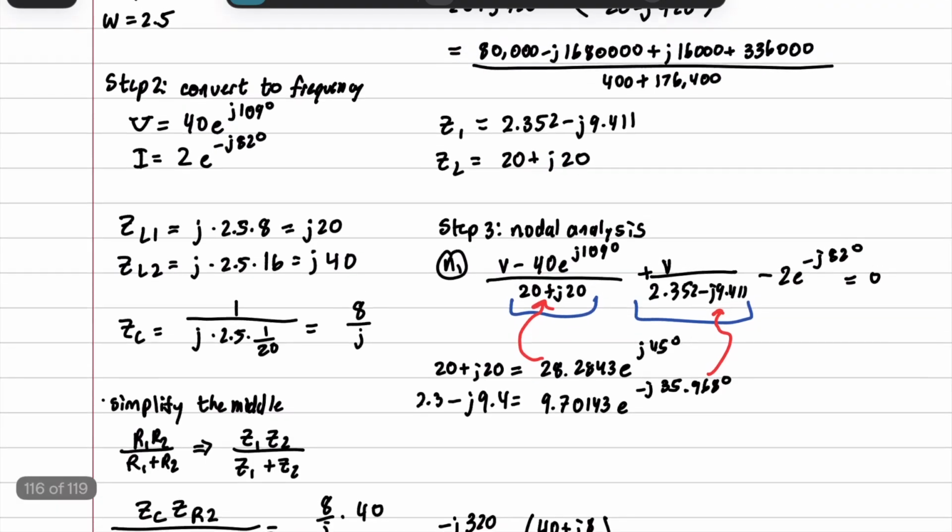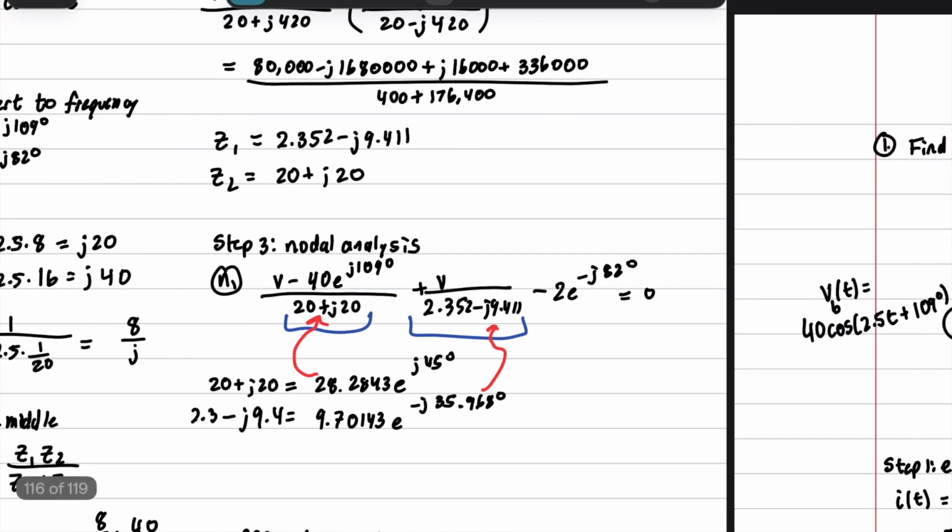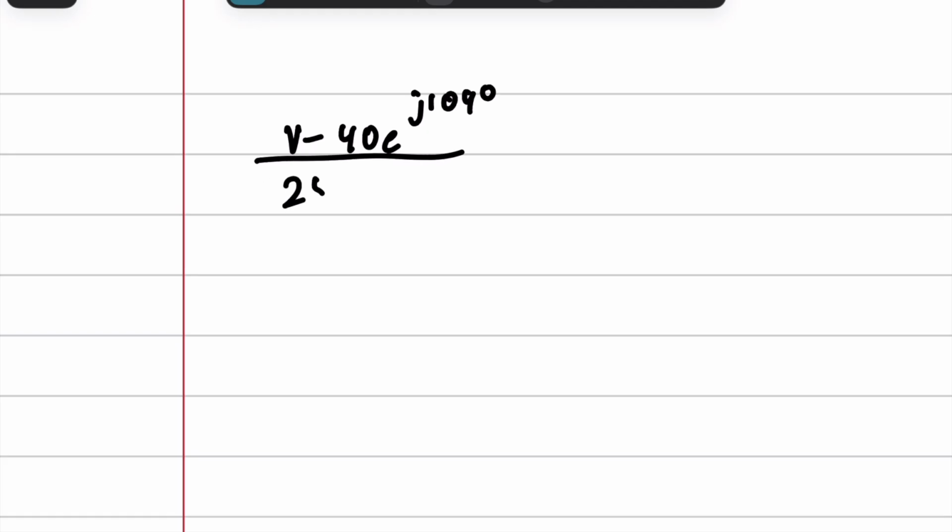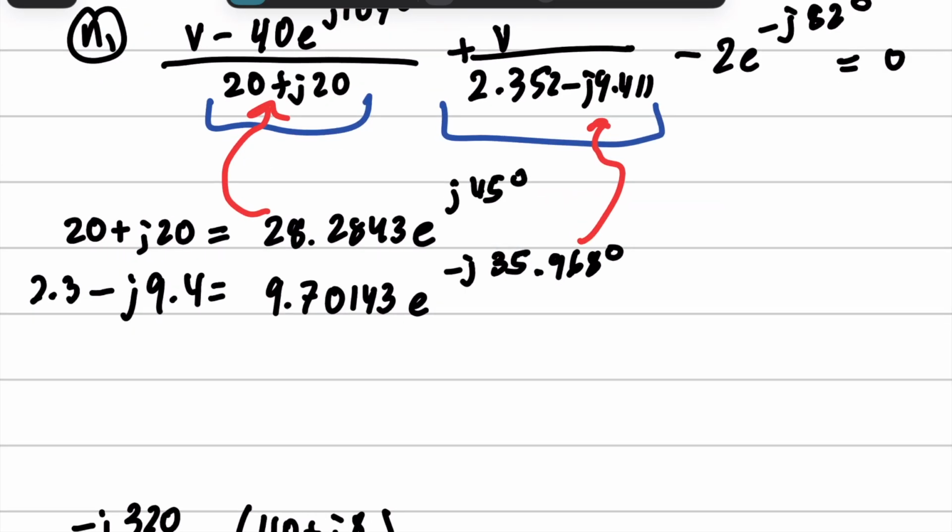Now I'm going to move to the next page and we're going to complete the nodal analysis. All right, we're almost done, guys. So now we have our equations in their phasor form. Oh, I just realized, guys, I made a mistake. This is actually negative 75.963 degrees.